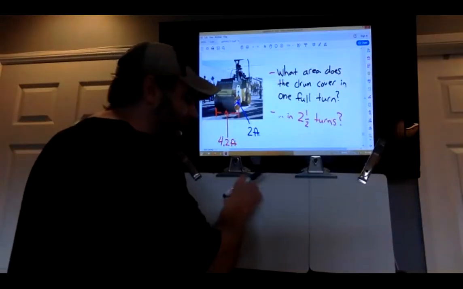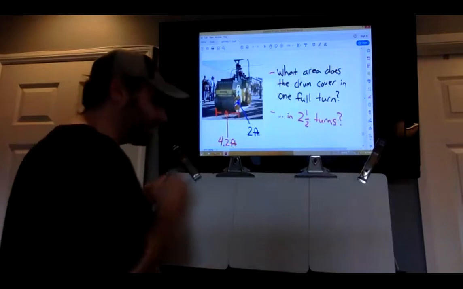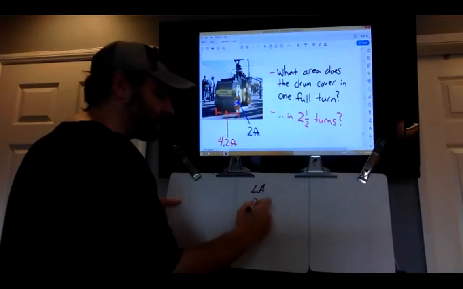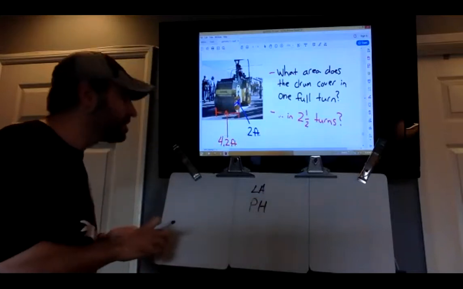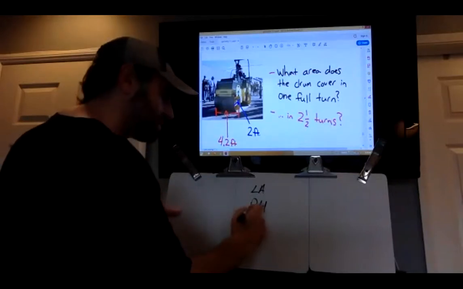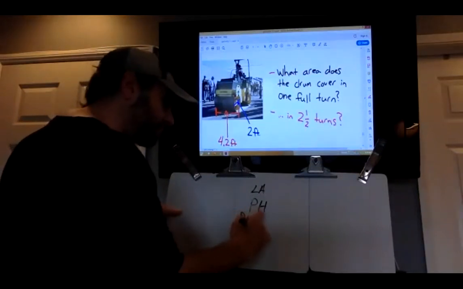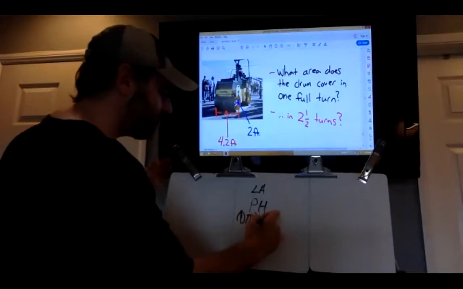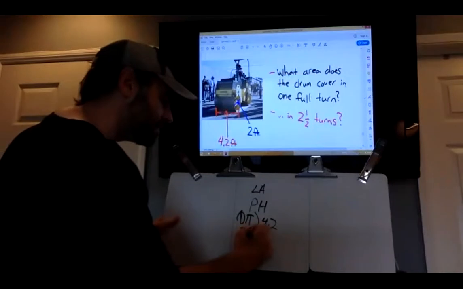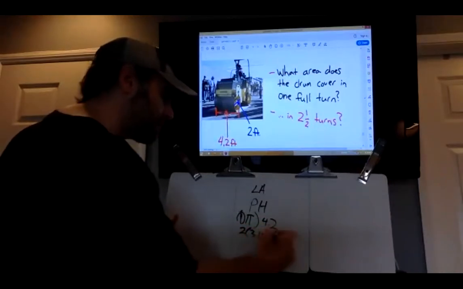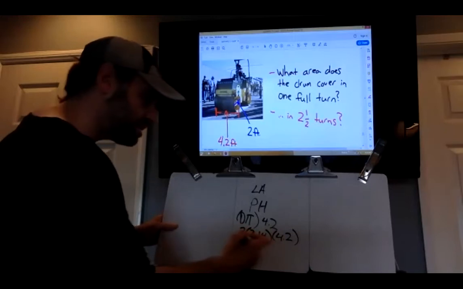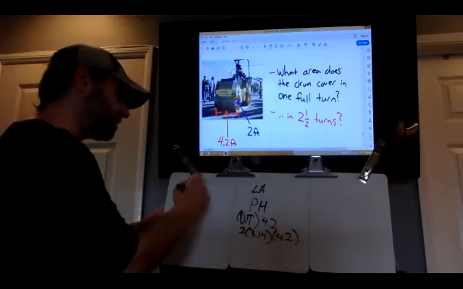So you have to go back to what is the lateral area? The lateral area is the perimeter of the base times the height. Okay, so I need the circumference. The circumference is pi d, or d pi. And the height is 4.2, and the diameter is 2. So it's 2 times 3.14 times 4.2. Okay, so we have, let's do 8.4.